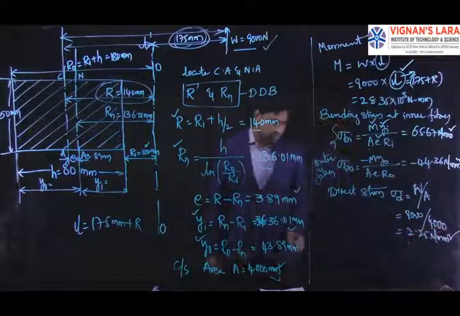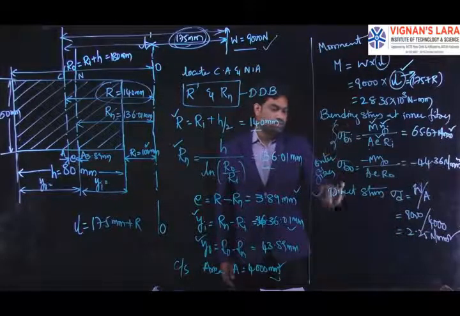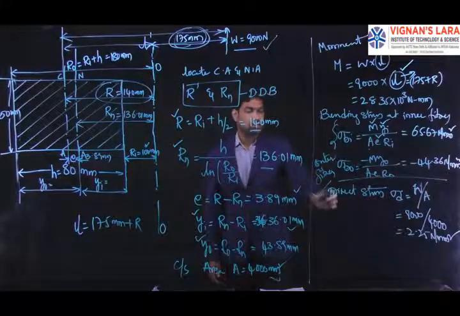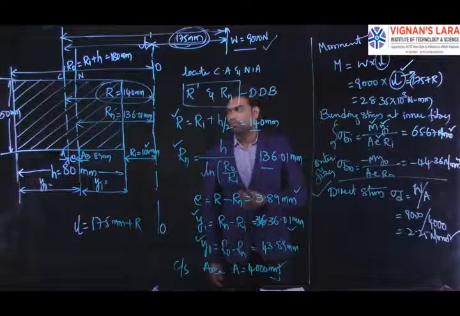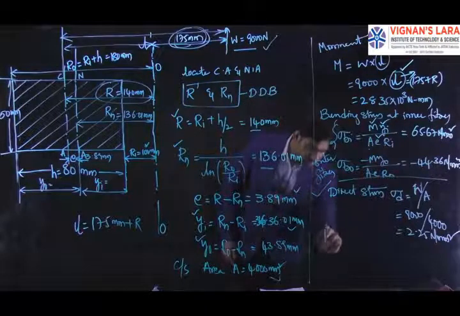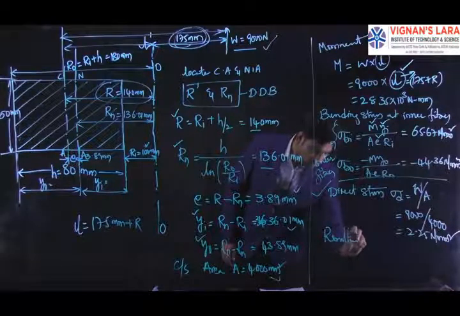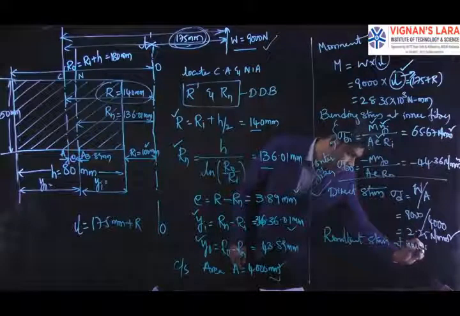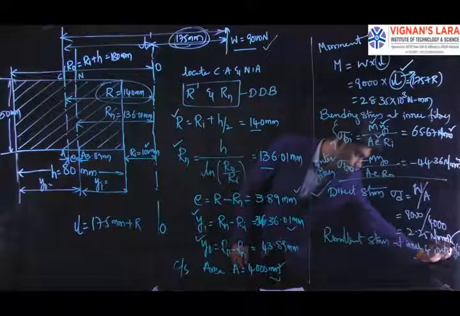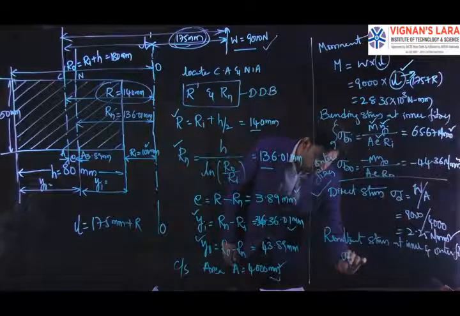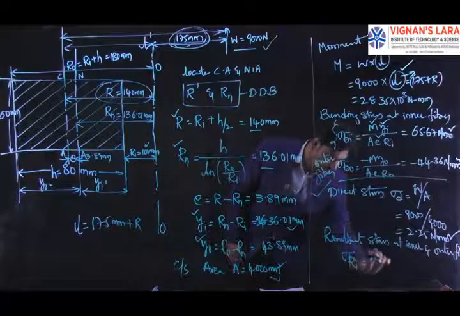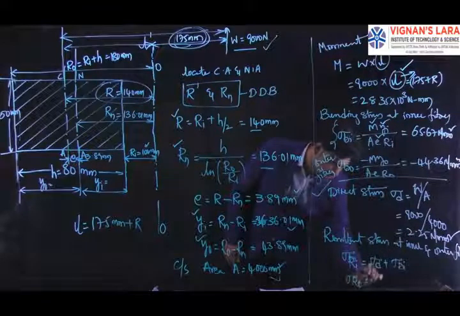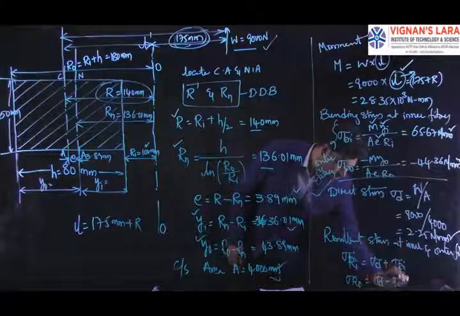If there were no direct stress, it would be enough to stop at this extent. But in this case the direct stress is also acting on the cross section, so we need to find the resultant stresses at the inner and outer fibers. Sigma Ri equals sigma D plus sigma Bi, and similarly sigma R naught equals sigma D minus sigma B naught.